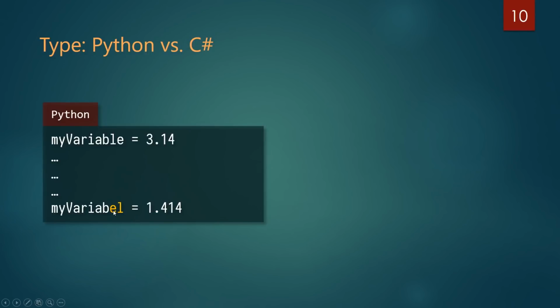Python will think that the programmer just wants to declare a new variable with a different value. But that is not what you want, right? Python doesn't understand that you made a mistake. It just runs the code. Later on, when you try to use my variable again and you expect the value to be the new one, but actually the value stayed the same, your code doesn't run as you expected.